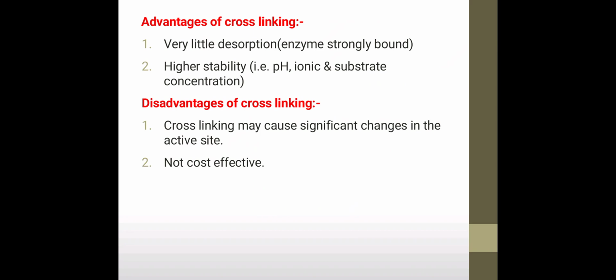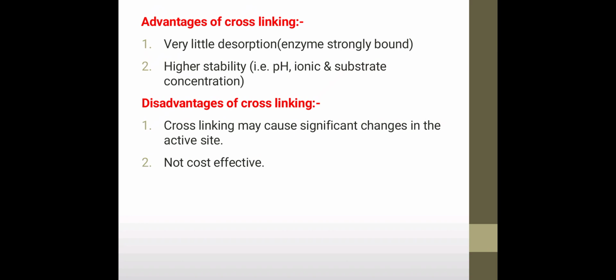And we will see the advantages of cross-linking. Very little desorption, that is the enzyme will be strongly bound, so it is difficult to separate out, and it has higher stability. The stability of the molecule is high, even though there is variation in pH or ionic strength or substrate concentration. So whatever may be, it is highly stable.